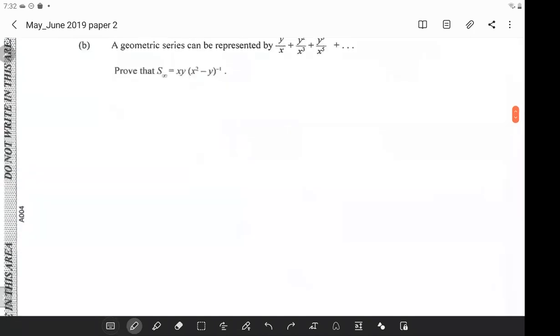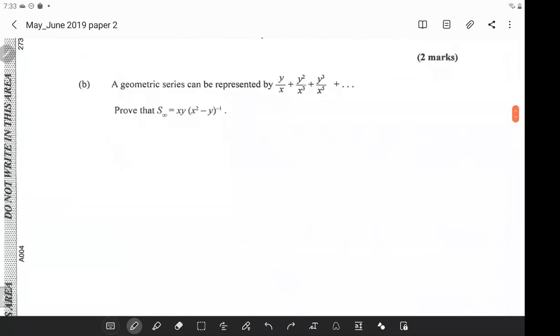Finally, we are on part B. The geometric series can be represented by y over x plus y squared over x cubed plus y cubed over x to the fifth plus dot dot dot.